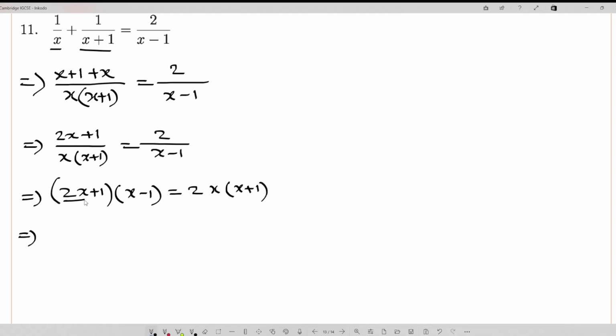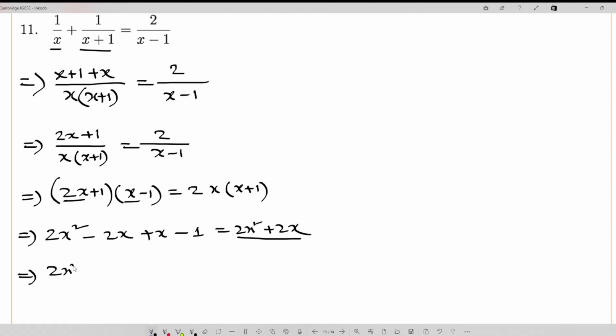So we can multiply 2x times x, it will be 2x square, then minus 2x, then plus x, then minus 1 equals, here is also same thing, 2x square plus 2x. Now we can transfer variable to left side.